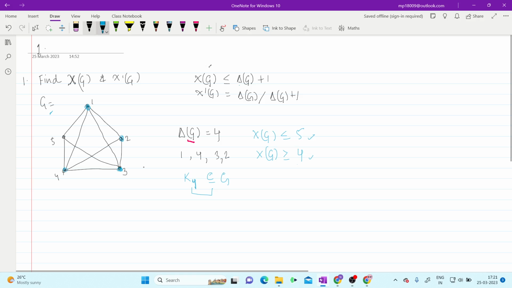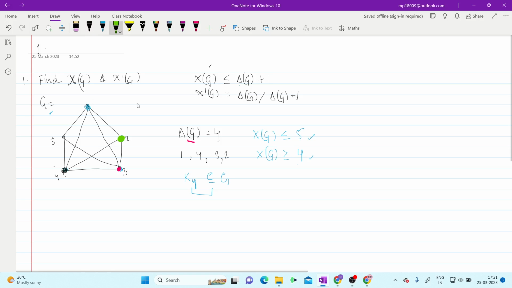But if we want to color it with just 4 colors, first of all, these 4 vertices will have distinct colors, because it is a complete graph. So we give 4 distinct colors to these 4 vertices. Now we want to look at the color for the 5th vertex. The fifth vertex is already attached to vertices with colors black, pink and blue, but it is not attached to the vertex with color green.